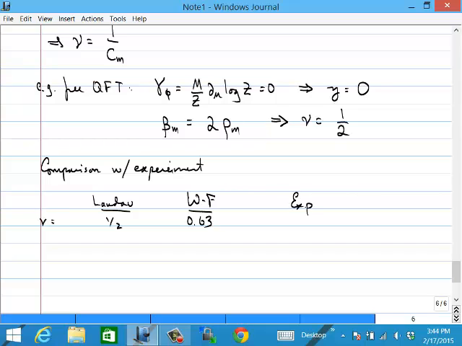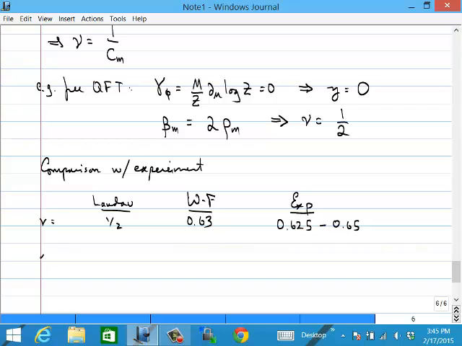And the experimental answer depends on exactly what systems you're studying. But for example, in liquid-gas phase transitions, you get about 0.625. For an antiferromagnet, you get about 0.65. Okay. So clearly, the Wilson-Fisher fixed point is a much better description than free quantum field theory.